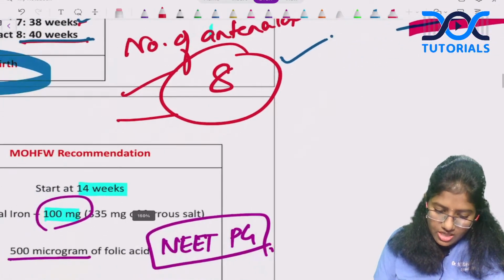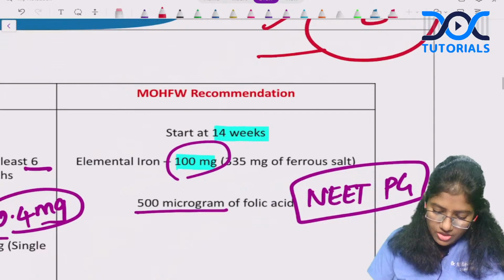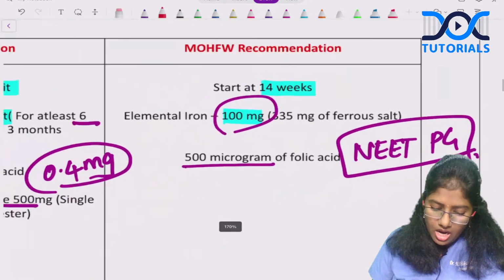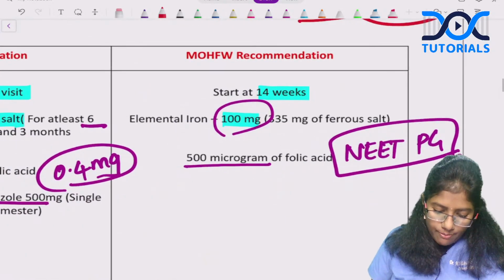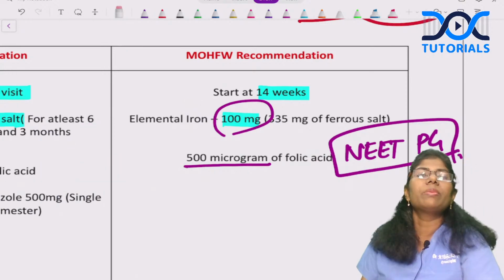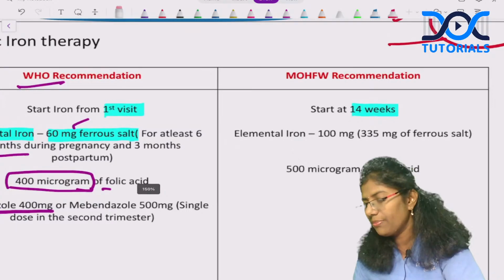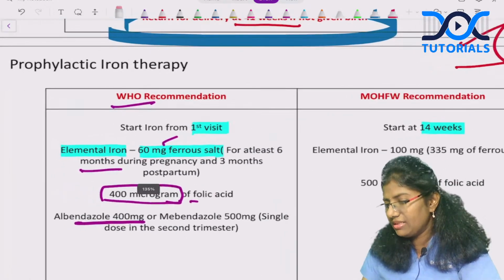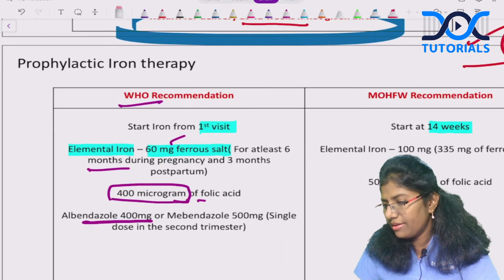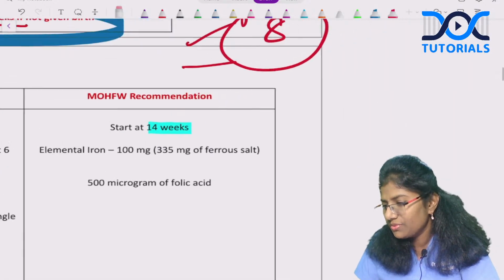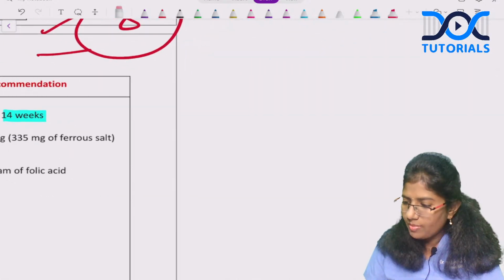So, this is it. Next important MCQ area is about prophylactic iron therapy during pregnancy. Now, tell me Aditya, Manoj and Mahendran, how much should we give?